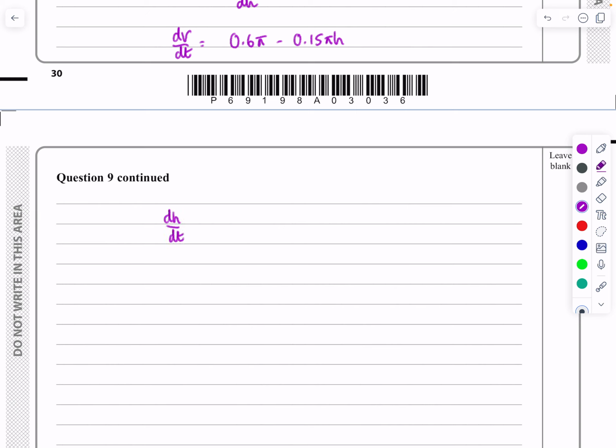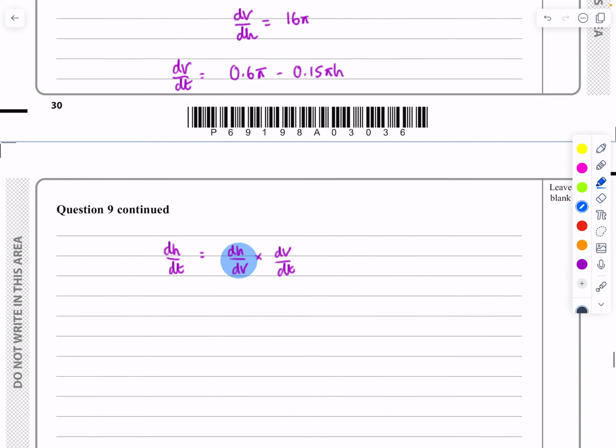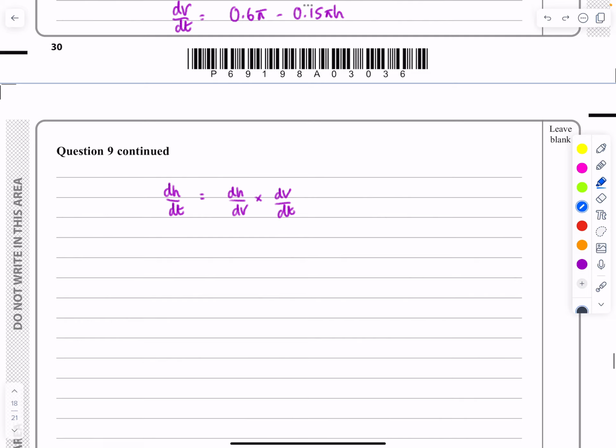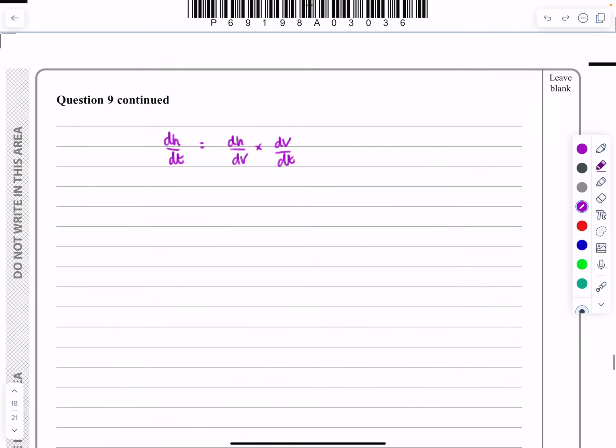So if I want to do that, dH by dt then is going to be dH by dV times dV by dt. Just check there, the dVs would cancel and I get dH by dt. So in what I've got here, compared to my dV by dH there, all I need to do is to invert it, is to turn it upside down.